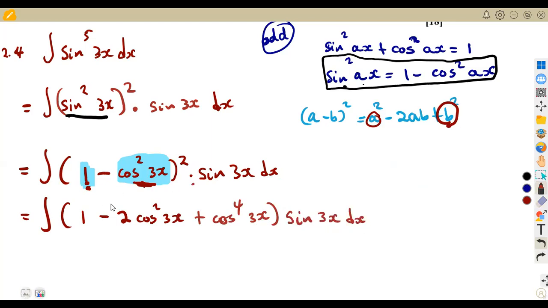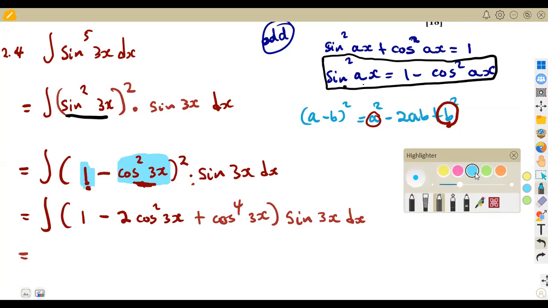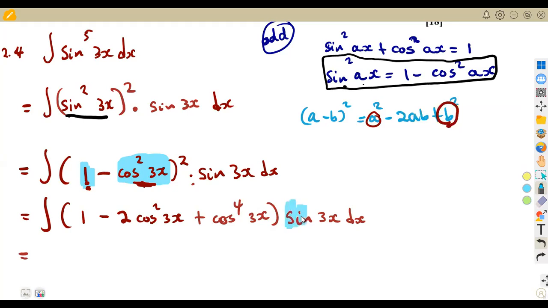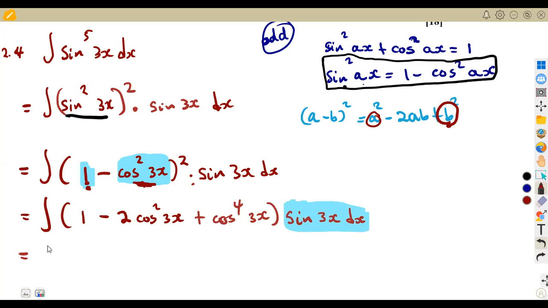Now that we have expanded this bracket, we can take into consideration the sine 3x dx, this remaining part here. Expand it throughout the integral, each and every part that you are given. It means we're going to have 1 times sine 3x dx, so it's going to be sine 3x dx. We integrate that.